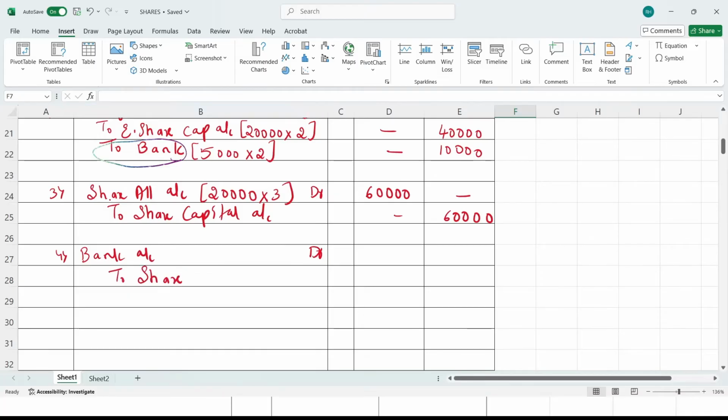Which money are you receiving? Here you should use equity, because in the problem equity is there: equity share allotment account. How much amount you have written, the same amount you take here also. How much is due, that much you are receiving. Now we have completed the allotment stage.